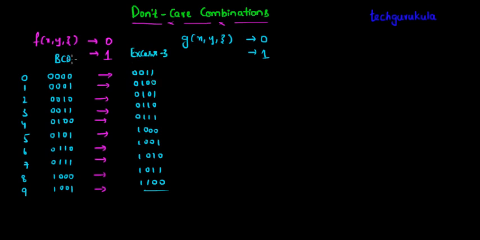So we take BCD as input. We take the input variables w, x, y, z, which are available to us, and using these we need to find the values of the XS3 code. So we take these as functions f4, f3, f2 and f1.